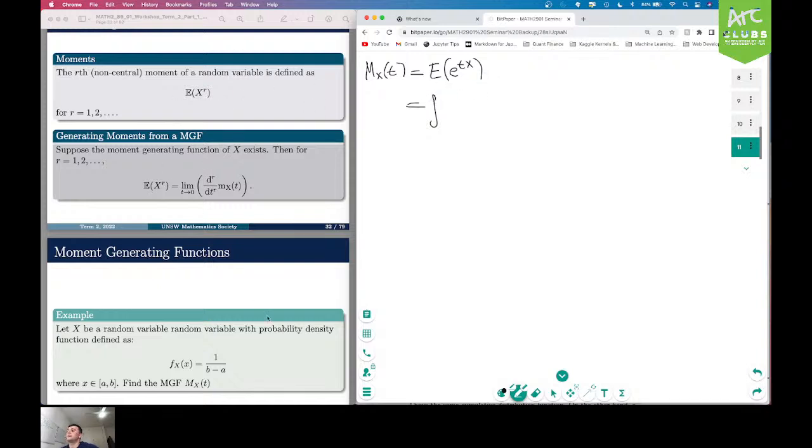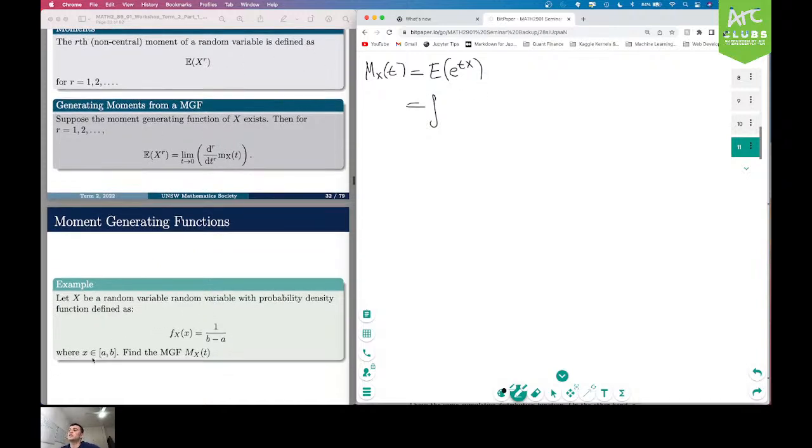Our support is X can go from a to b, so we write our bounds as a to b. And then by definition of expectation, you take whatever's inside here times your density function, so times 1 over b minus a, dx.